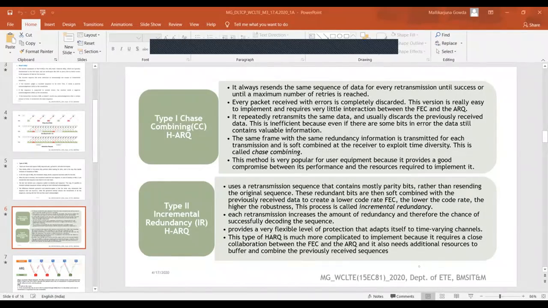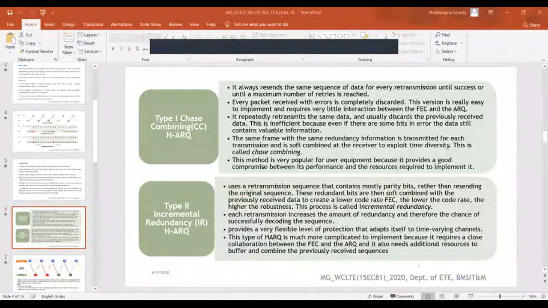So next one is the incremental redundancy. As I said, in case of type 1, it keeps retransmitting the same data, so that is inefficiency. To overcome that, this technique uses a retransmission sequence that contains mostly parity bits. Rather than resending the original sequence, it will send only part of the parity bits.